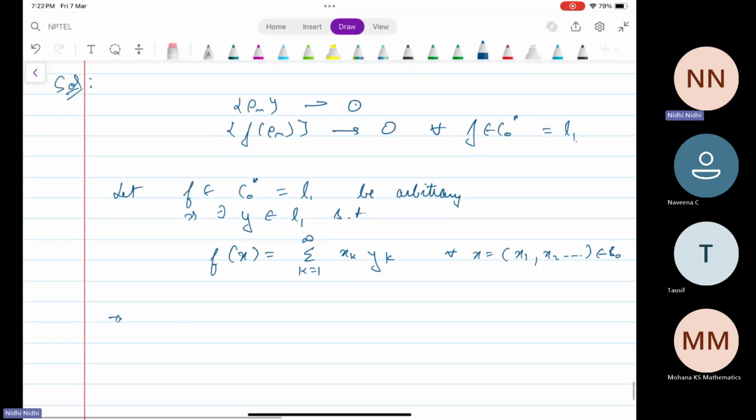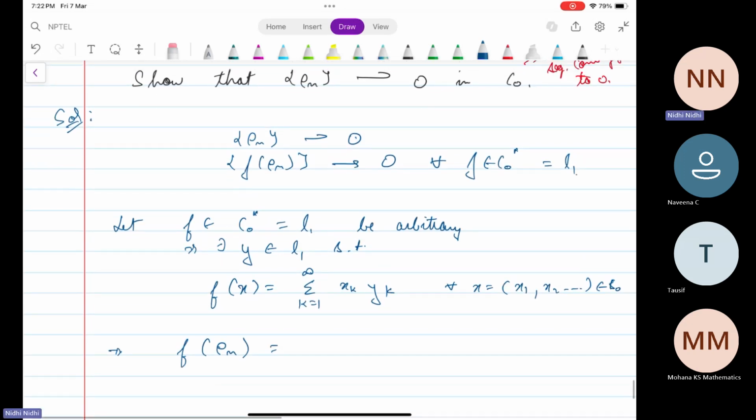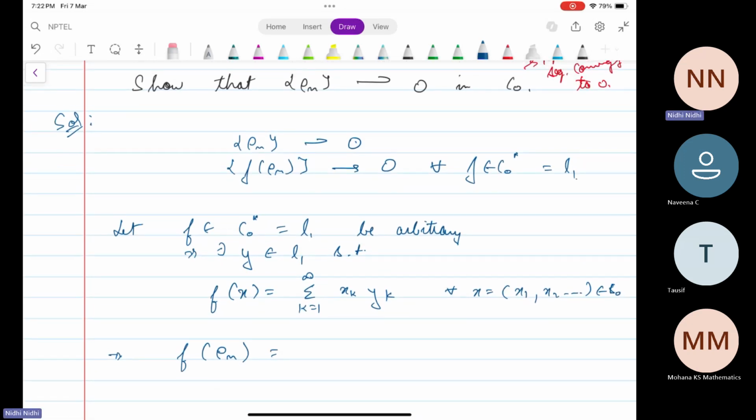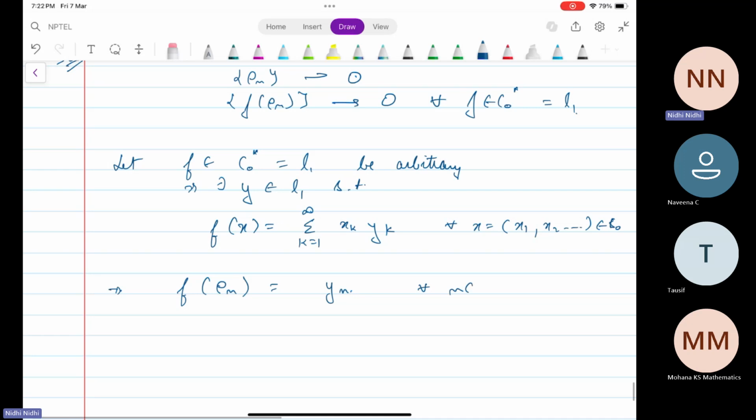This implies f(en). Now, since en has all terms 0 except for k equals to n, the nth term is 1, so the sum is just yn, for every n in N. Now, since y is a sequence in l1, the sum is finite and hence yn converges to 0.